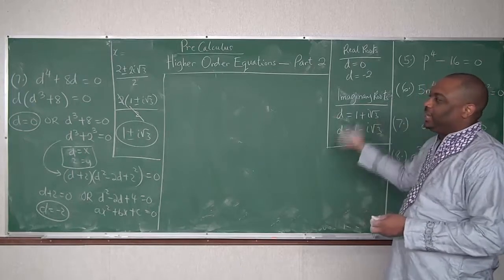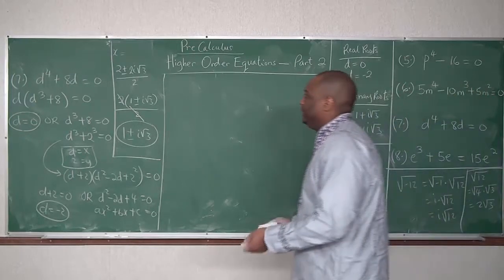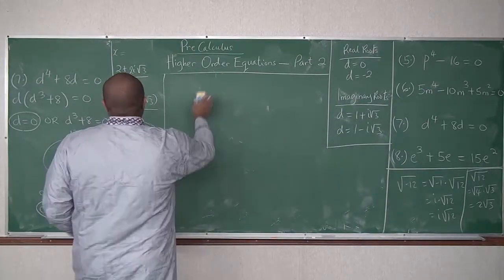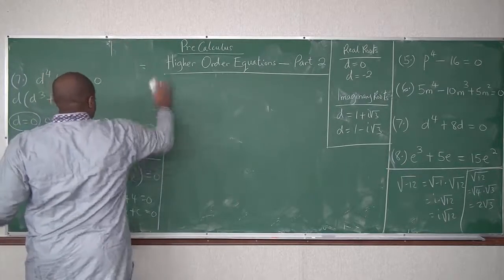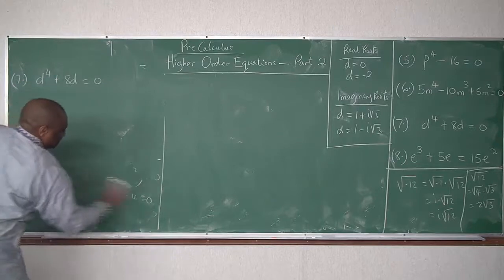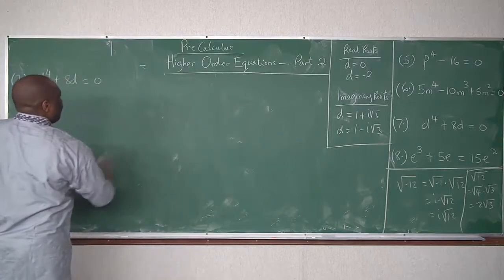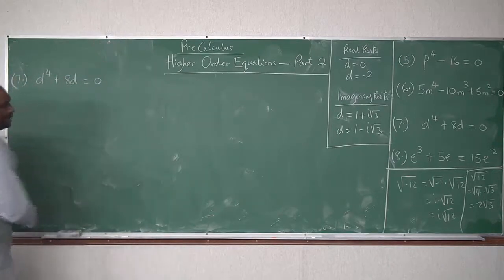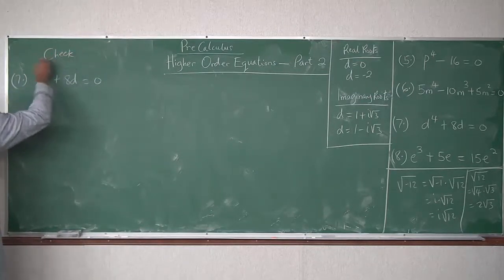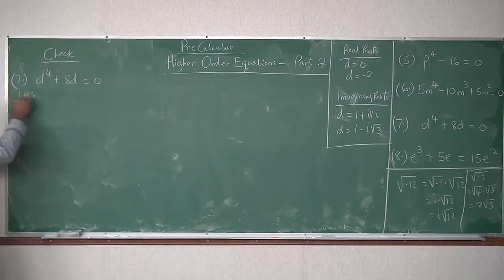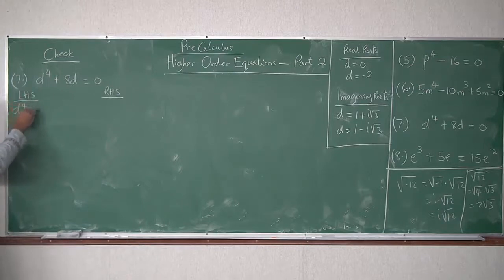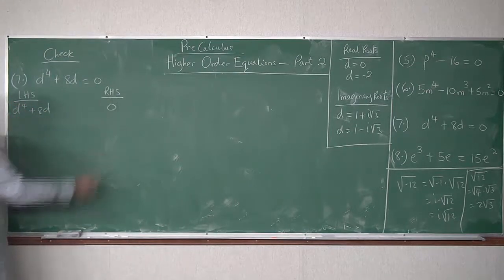Well, let's check it. I like my students to always check their work. So, check the left hand side and the right hand side. The left hand side is d raised to the power 4 plus 8d. The right hand side is 0.